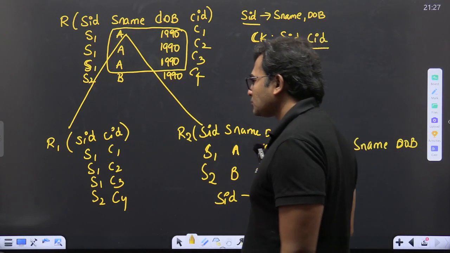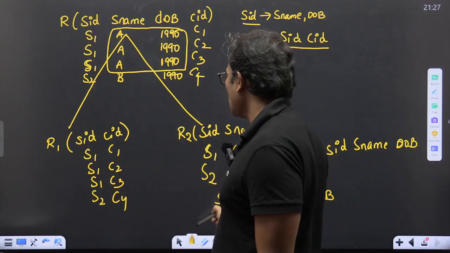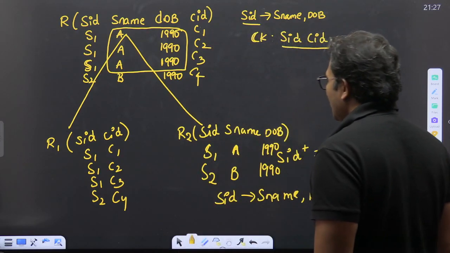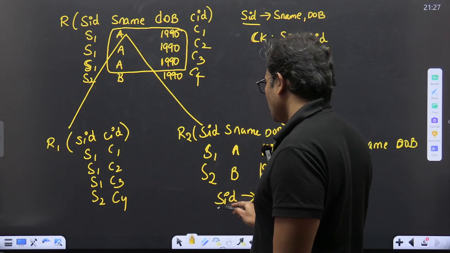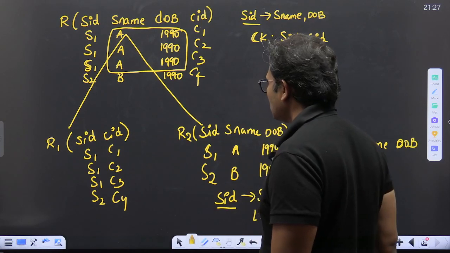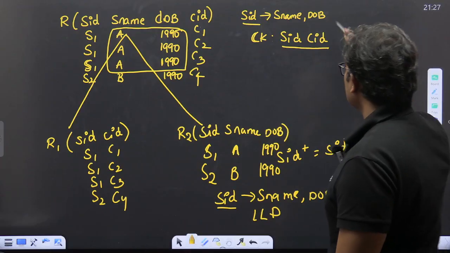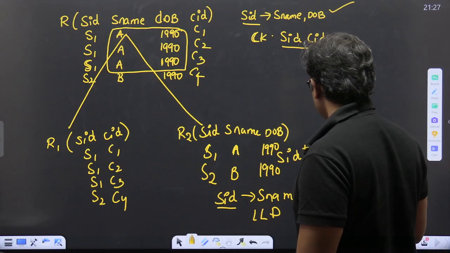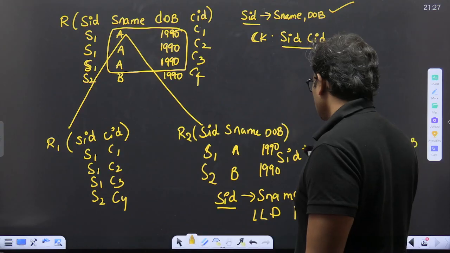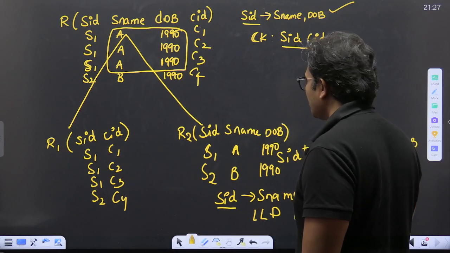Now if you look at it, the common attribute is SID in both of them. Now the common attribute is a candidate key for one of the tables, therefore it is lossless decomposition. And there is only one functional dependency which is present here, therefore functional dependency is also preserved, right?